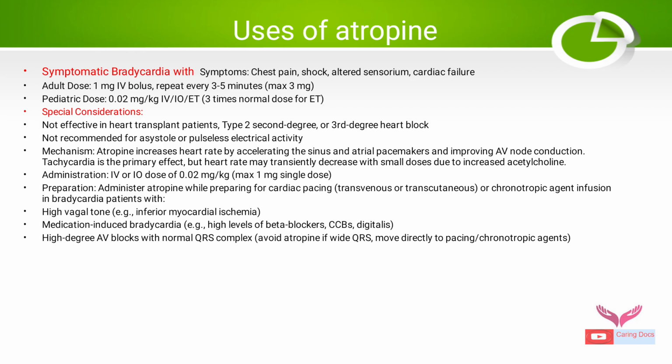We administer atropine while preparing the patient for cardiac pacing, for example transvenous or transcutaneous, or when a chronotropic agent infusion is being started in bradycardia patients with high vagal tone, for example in inferior myocardial ischemia, medication induced bradycardia, that is high levels of beta blockers, calcium channel blockers, digitalis, or high degree AV blocks with normal QRS complexes. Avoid atropine if the patient has a wide QRS and move directly to pacing or chronotropic agents.